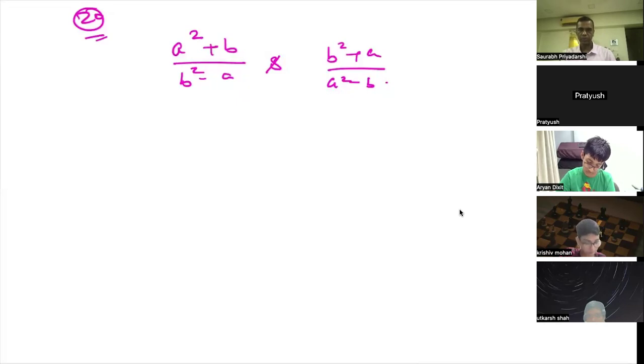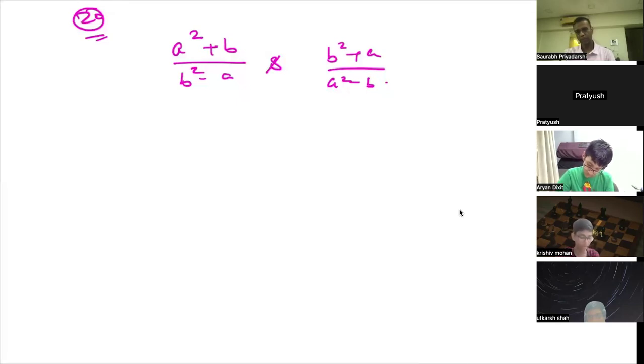And then after that, a square minus b divides b square plus a. So a square minus b square is less than or equal to a plus b. So a minus b is less than or equal to 1. So minus 1 is less than or equal to a minus b, which is less than or equal to 1.